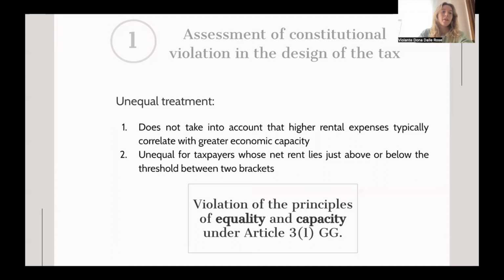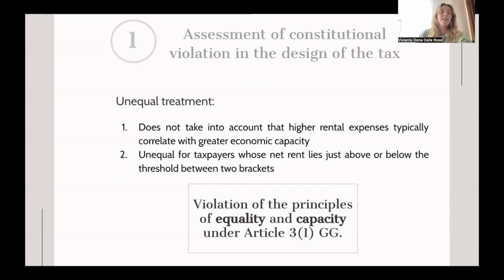First of all, the brackets treat taxpayers with different economic capacities equally, subjecting all taxpayers within one bracket to the same absolute tax amount. However, it does not take into account that higher rental expenses typically correlate with greater economic capacity.